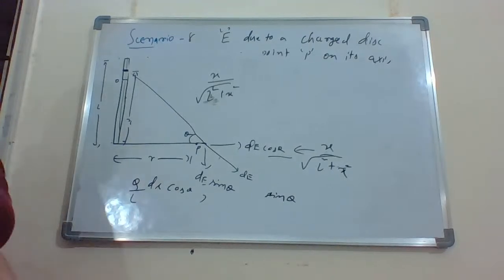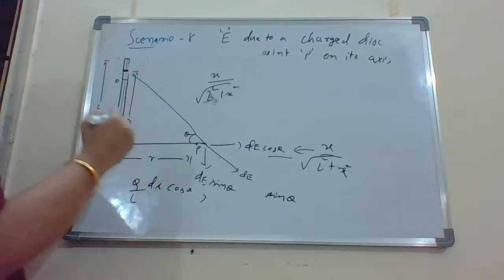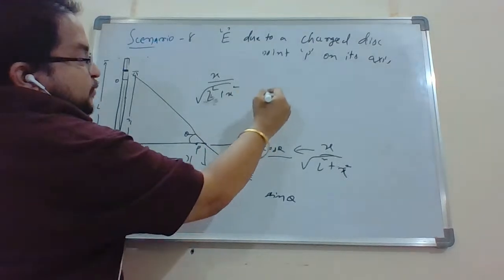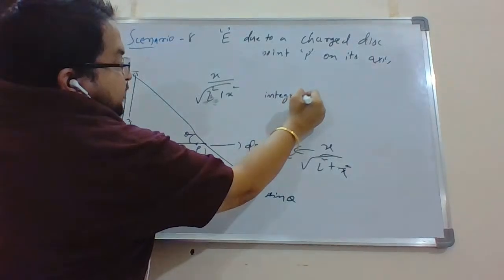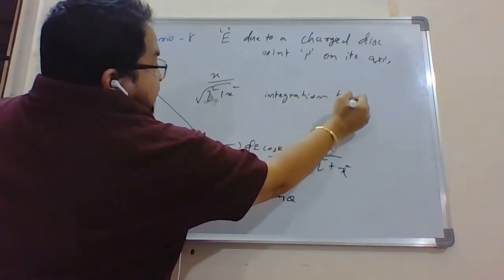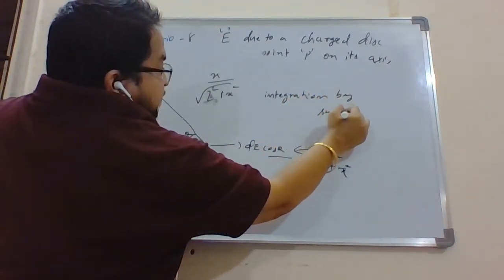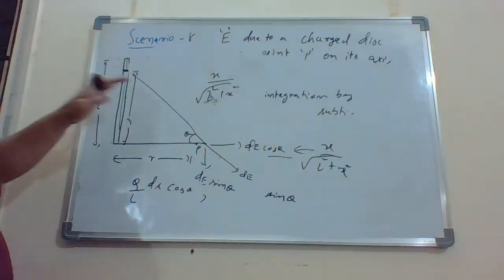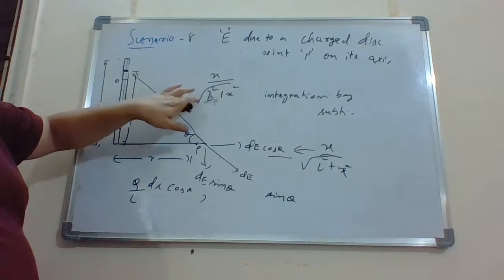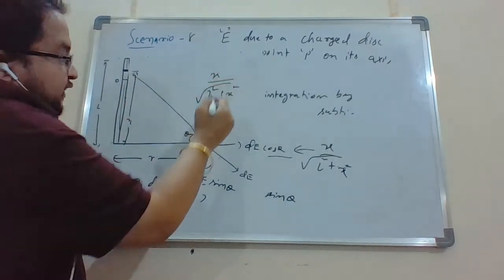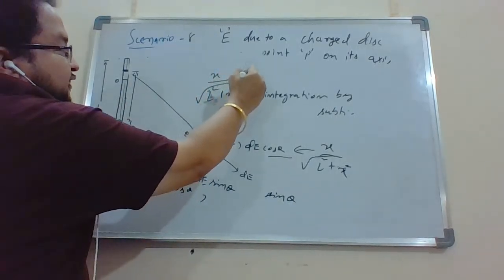Okay, and remember students, in integration there's a concept called integration by substitution. So when you start solving this one, x by root over L square plus x square, and then it will be your dx, right?